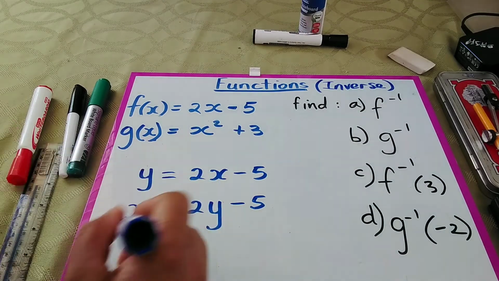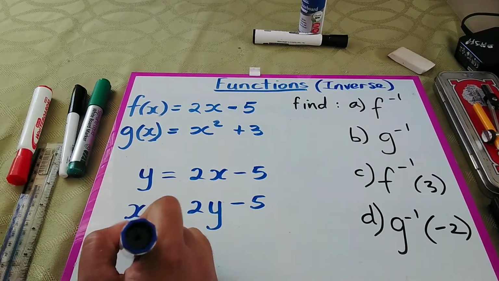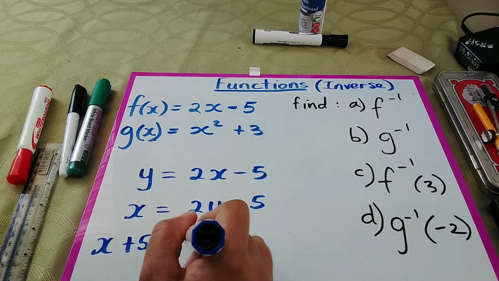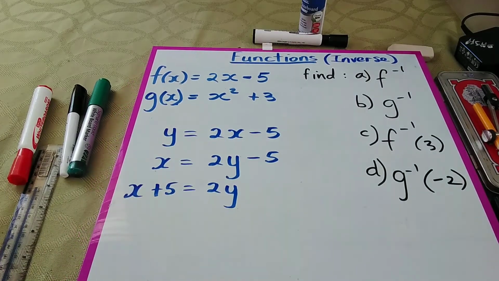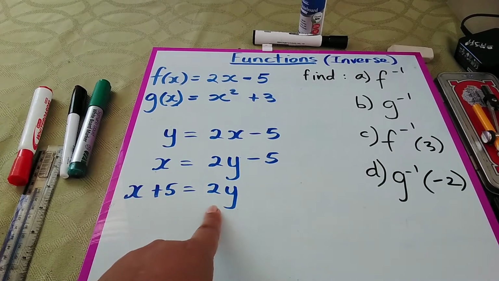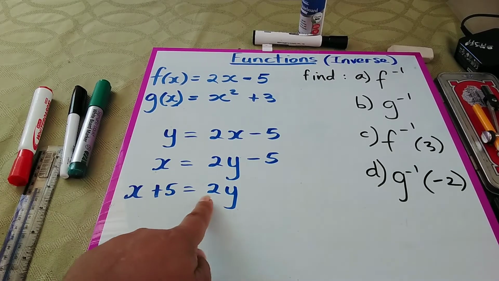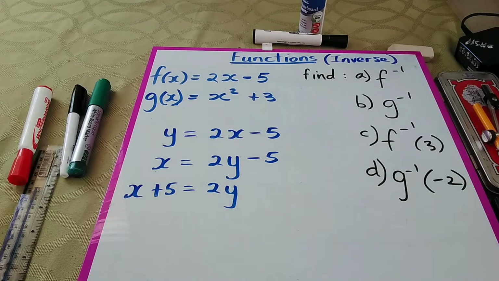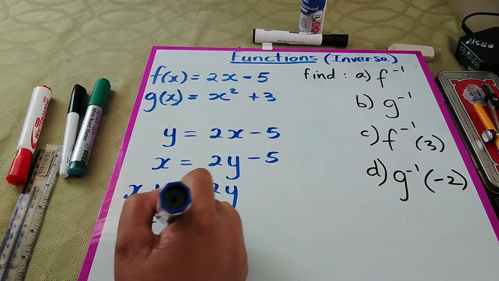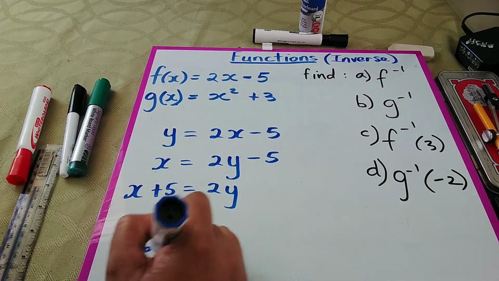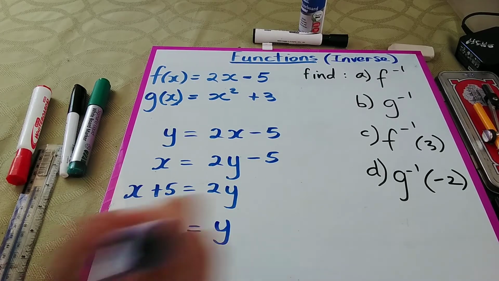So we're going to have x plus 5 equals 2y. Now the opposite of multiplication is division. So we're going to carry the 2 over and divide. So it's now going to be x plus 5 divided by 2 equals y.